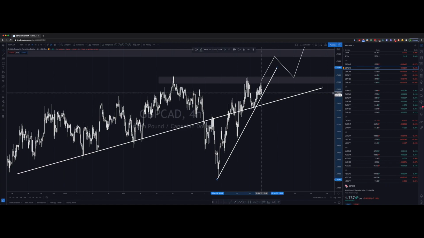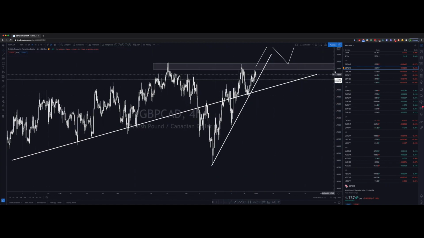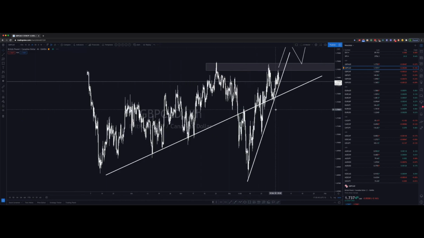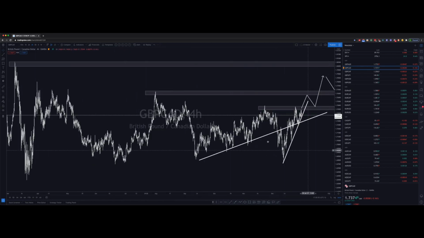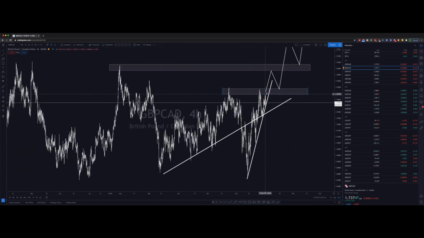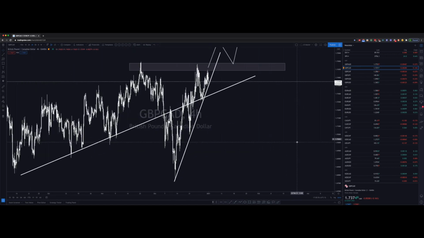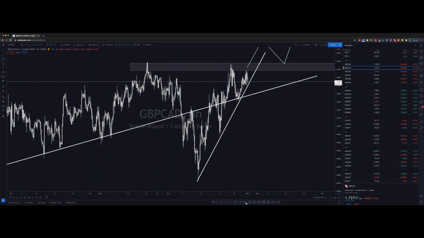But we could probably see, if price was to fail, right? If we don't see a breakthrough of this zone up here, what we could probably see is a push through lower, come back up, retest underneath here, and then complete that kind of move there, right?